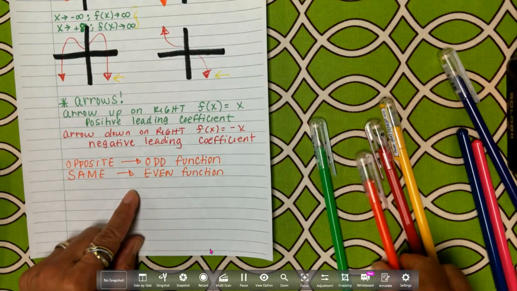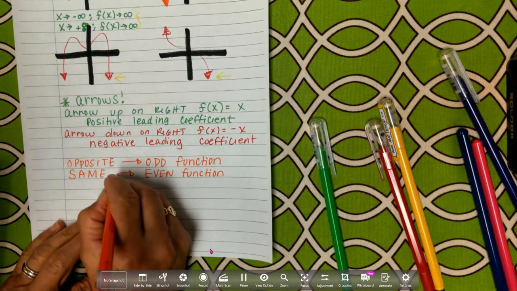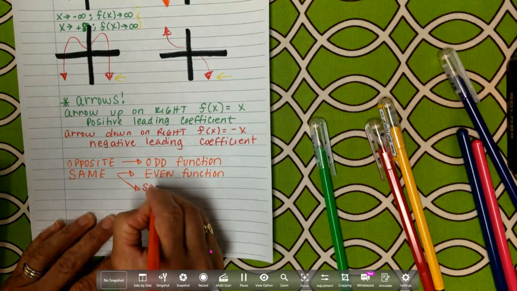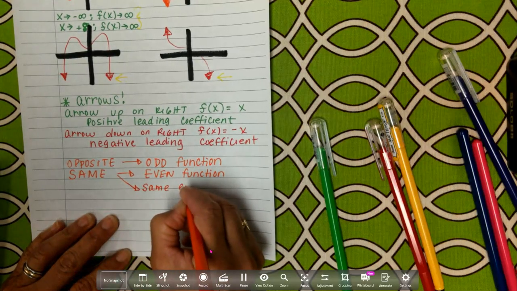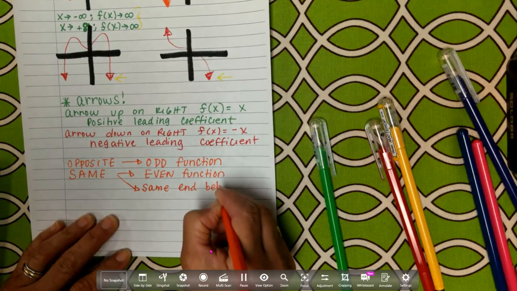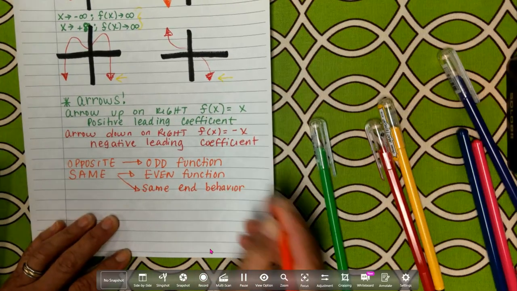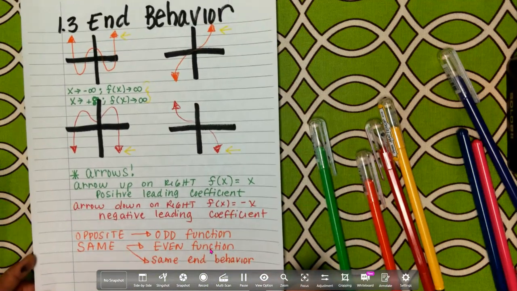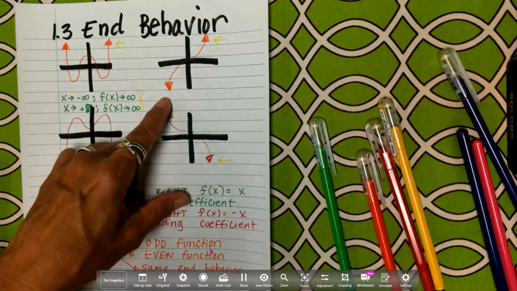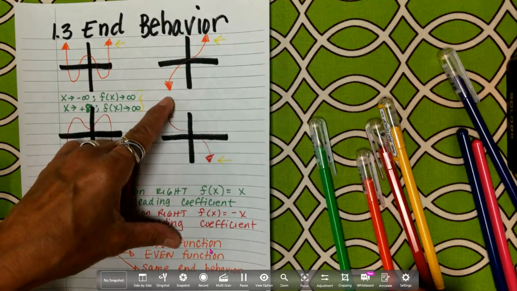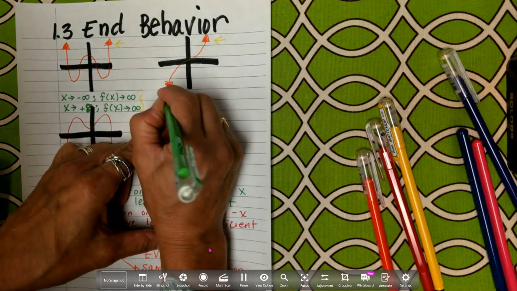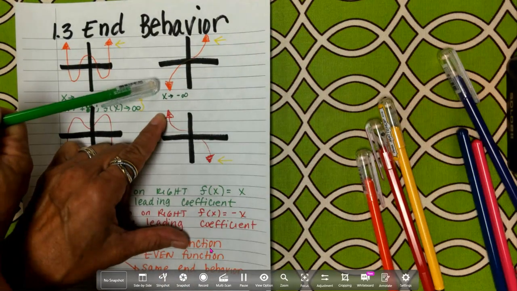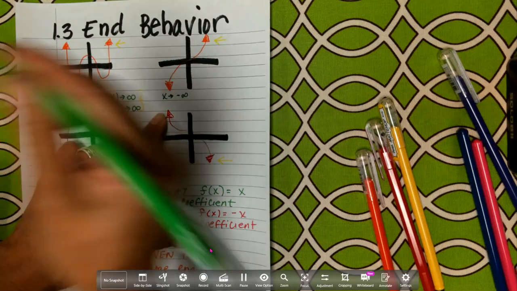Now we get to add something else to this. They are going to have the same end behavior. All right, let's analyze the opposite. Over here, this is a negative infinity arrow, so as x approaches negative infinity, I know it's negative infinity because it's to the left of the origin.